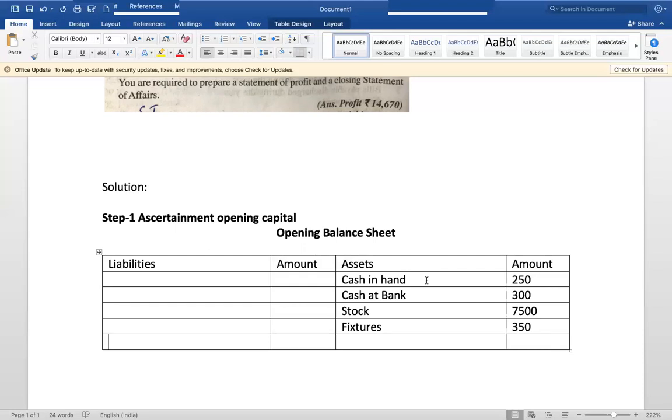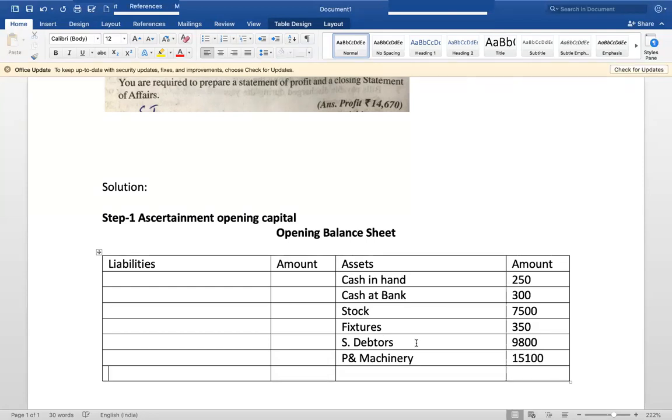Then you have sundry debtors, 9,800. Then you have plant and machinery, 15,100.